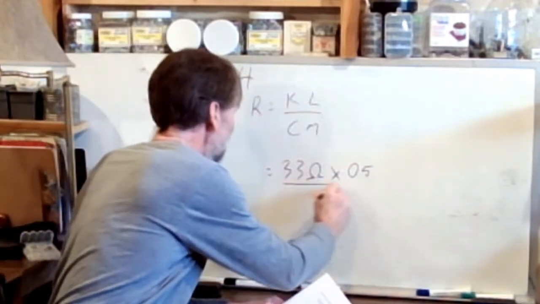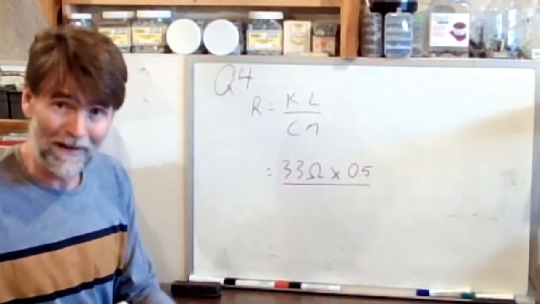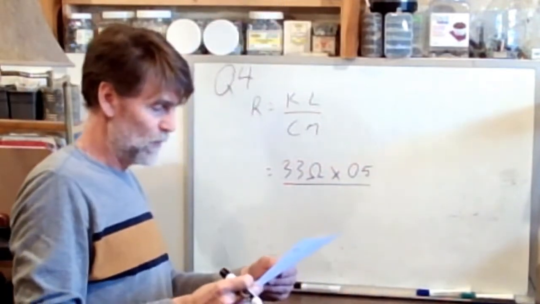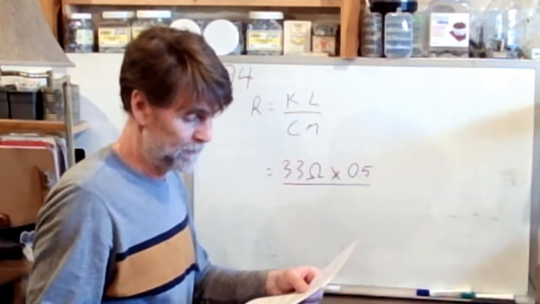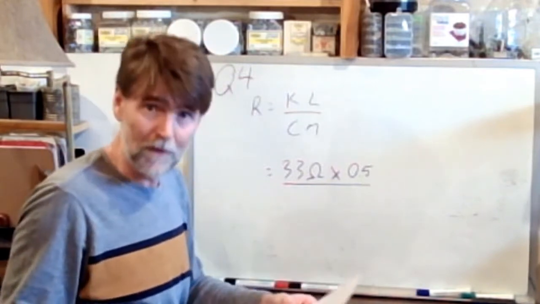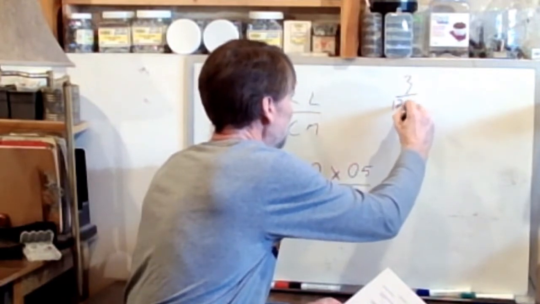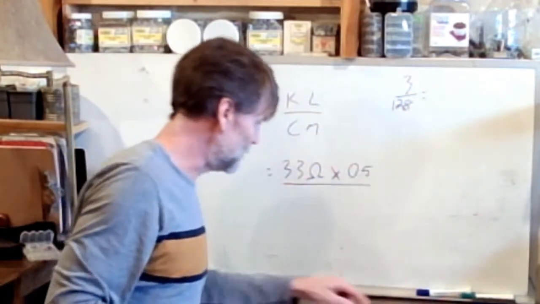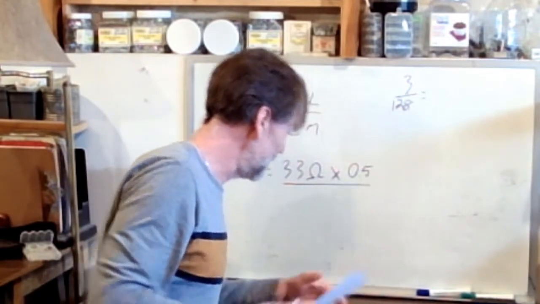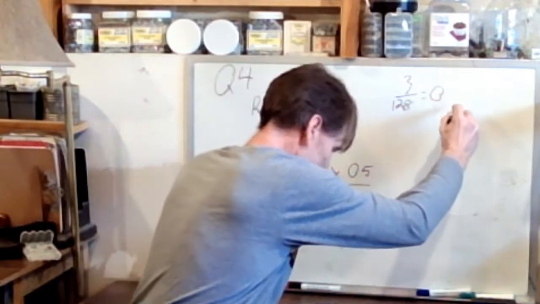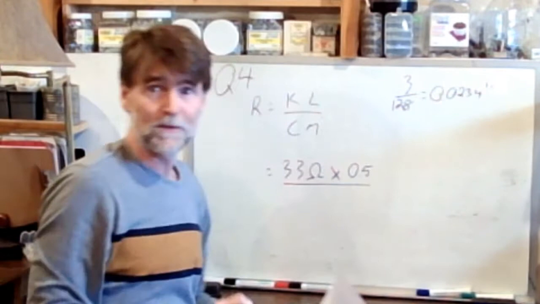Divided by the circular mill. So what is the circular mill? Well, we have to do a little bit of work here because we are told that this tungsten filament has a diameter of 3/128ths of an inch. So 3 over 128 equals, if we do that math, 0.0234 inches.